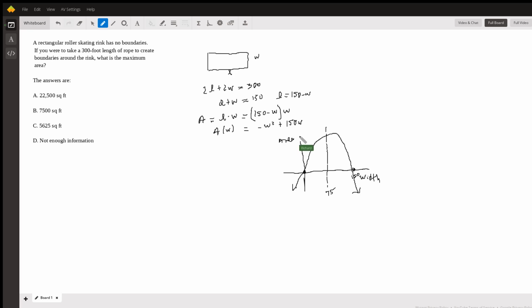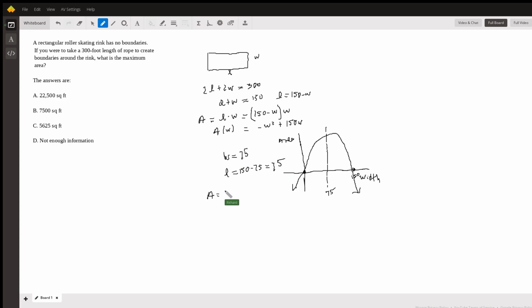Now, we don't know the height here yet, and that's what they're asking us about. But we do know that the width is going to be 75. And from this equation, the length is going to be 150 minus 75, which is 75. So we actually have a shape that's a square. The length and the width are the same.